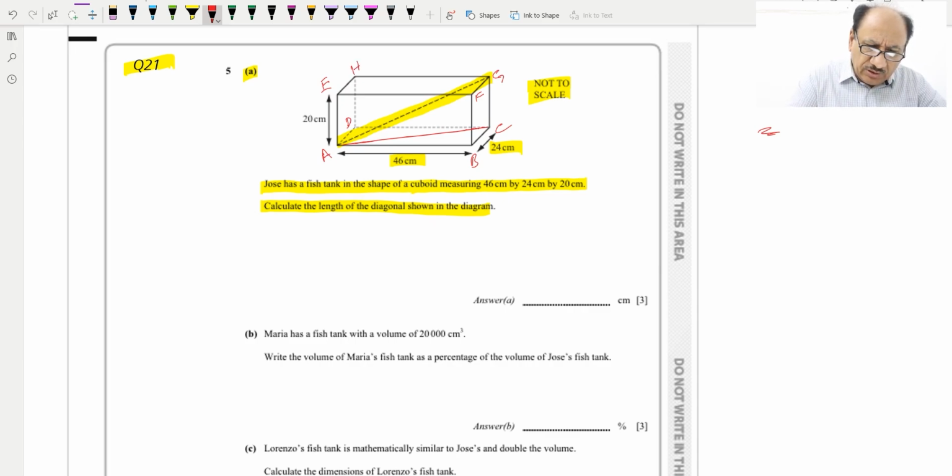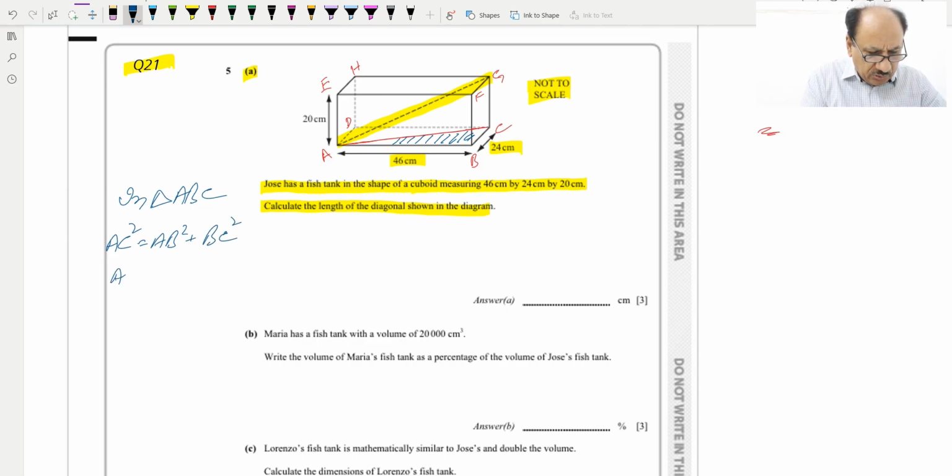And so in triangle ABC, AC square, we are applying Pythagoras theorem. We are considering this triangle. We want to find AC first. So AC square will be equal to AB square plus BC square.